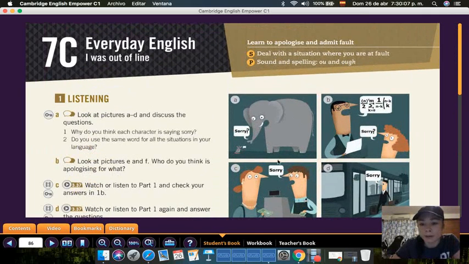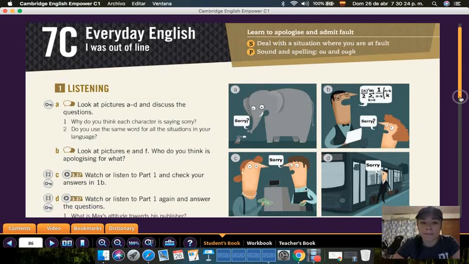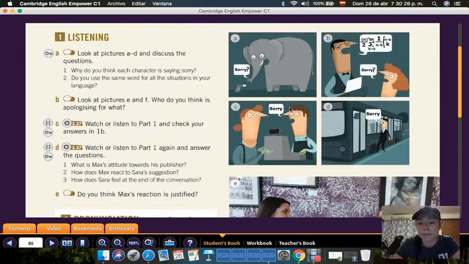Look at this one. A, the elephant saying sorry. B, this person saying sorry, like the elephant apologizing, and in the second situation she couldn't understand what he was saying. And then on the third situation, what do you think is happening? Or what's happening on situation D? Well, let's find out.